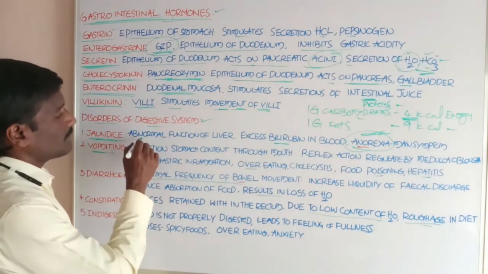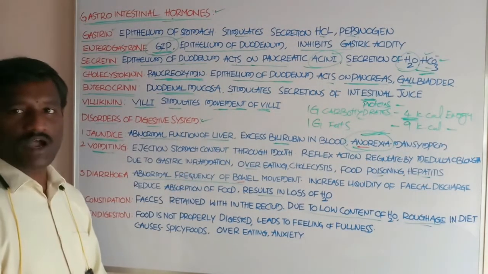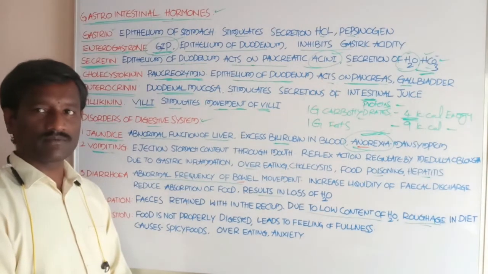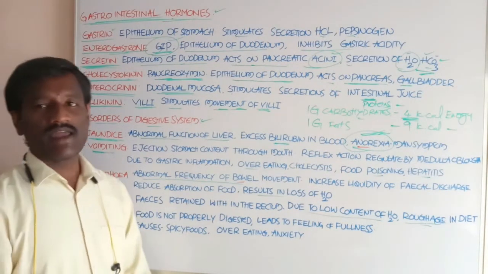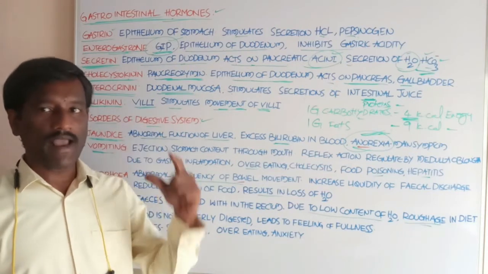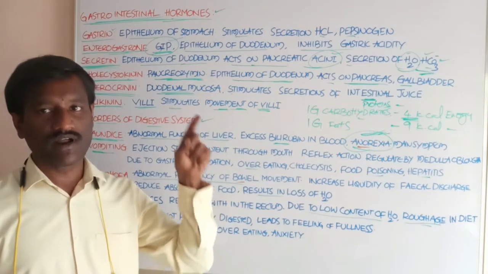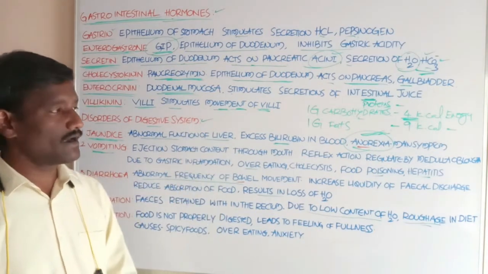It occurs due to the abnormal function of the liver, and an excess amount of bile pigments, mainly bilirubin, secreted from the liver, enters into the blood.